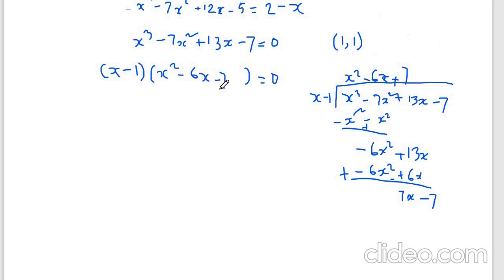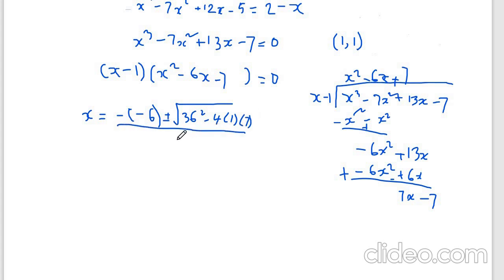Now in order to solve this quadratic equation, we would have to use the formula x equal to minus b, where b is negative 6, plus minus square root of b squared minus 4ac, over 2a.